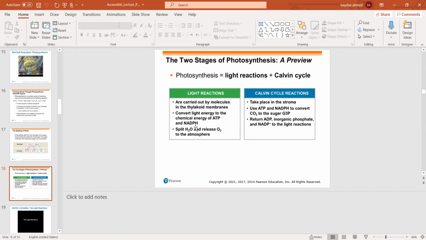The electron acceptor, NADP+, is a first cousin to NAD+, which functions as an electron carrier in cell respiration. The two molecules differ only by the presence of a phosphate group in NADP+. The light reactions use solar energy to reduce NADP+ to NADPH by adding a pair of electrons along with a hydrogen ion.